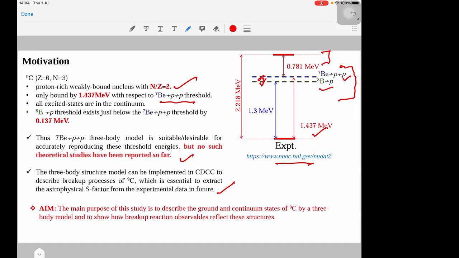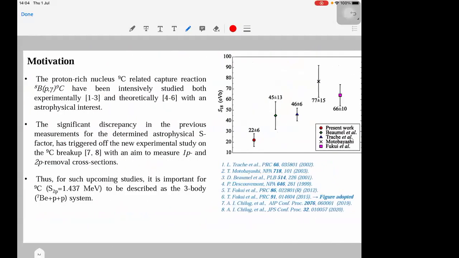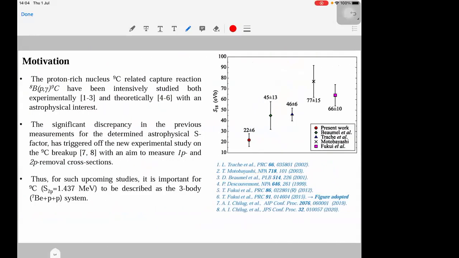Another advantage of this aim, which can be used in future, is this. The related capture reaction to this nucleus has been intensively studied in the past, both experimentally as well as theoretically, with an astrophysical interest.